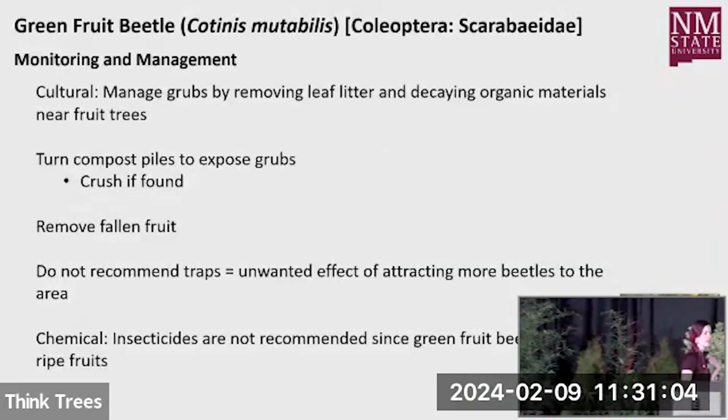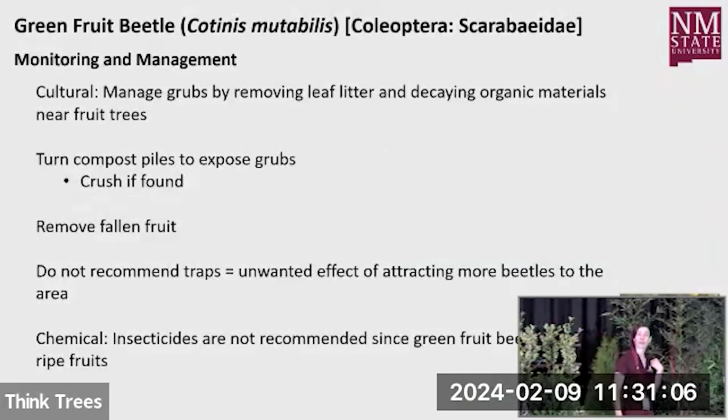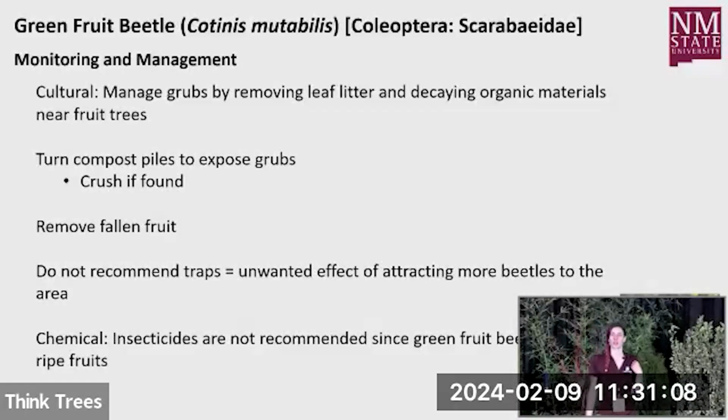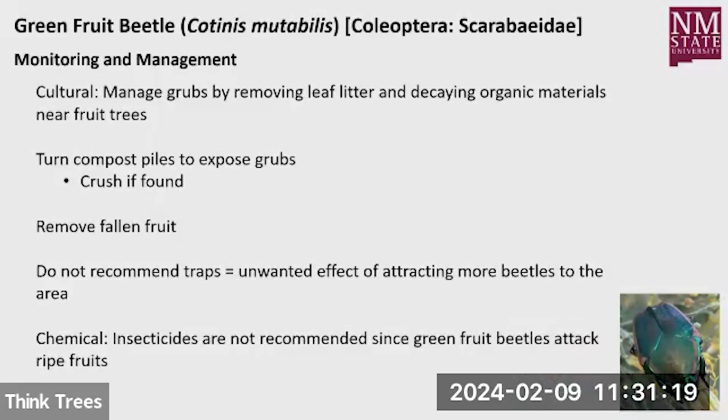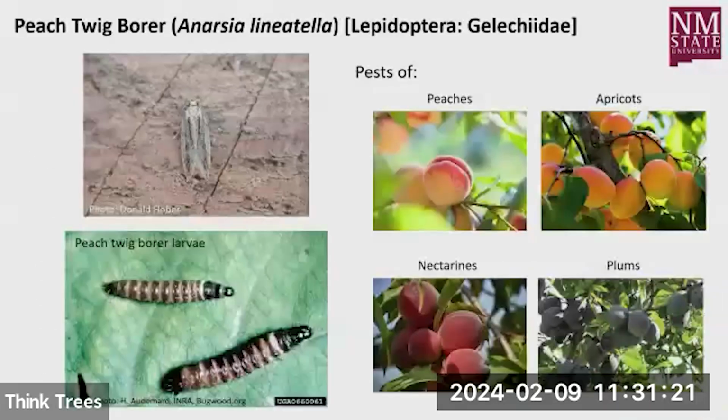For cultural methods, manage grubs by removing leaf litter and decaying organic materials near your fruit trees because they cue in on that. Traps aren't recommended, insecticides aren't recommended because they're going after ripe fruit. So you can just hand remove them. That's it.